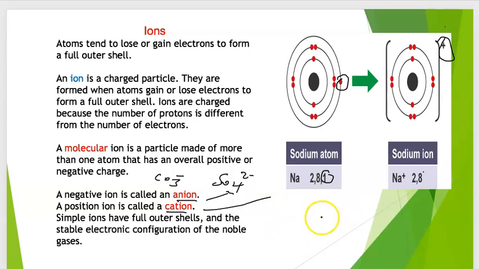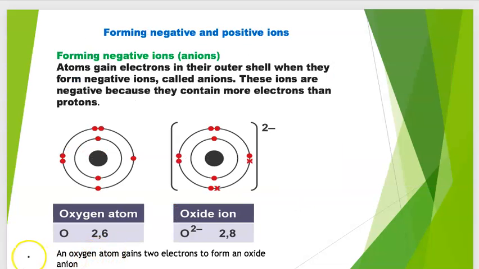Sodium ion is a cation, because it's a positive ion. Now, ions are formed when atoms lose or gain an electron from their outer shell in order to have what? A complete outer shell. Now let's look at how they form that.